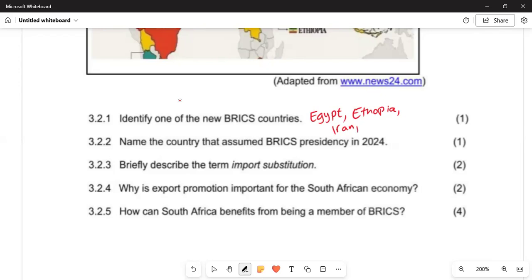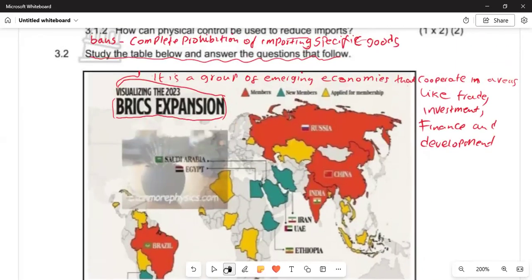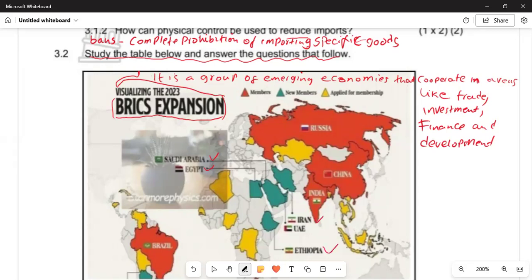You can also not leave out Saudi Arabia. Those are the new BRICS countries, as we can see from our table.